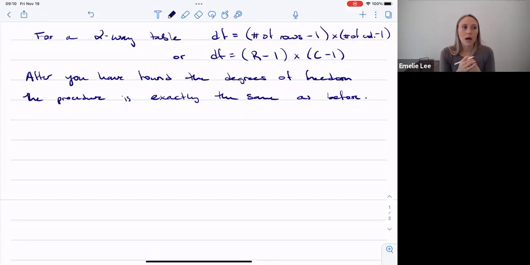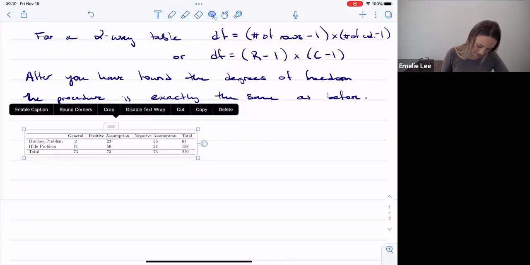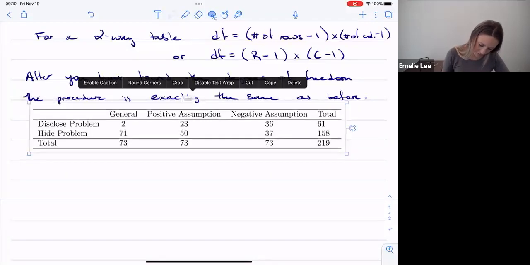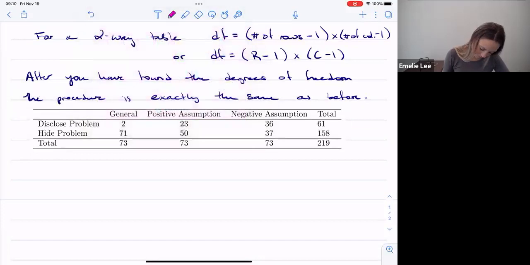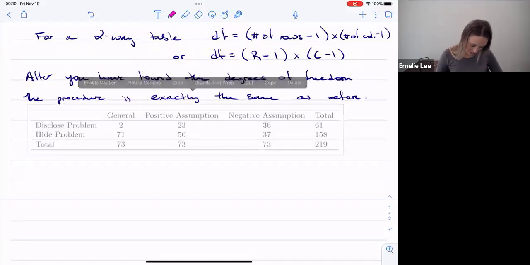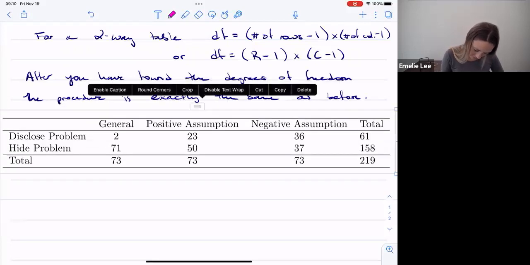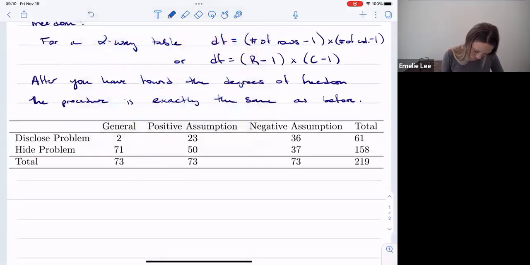Okay, so I do want to show you how to find expected values, right? So we've got the totals.